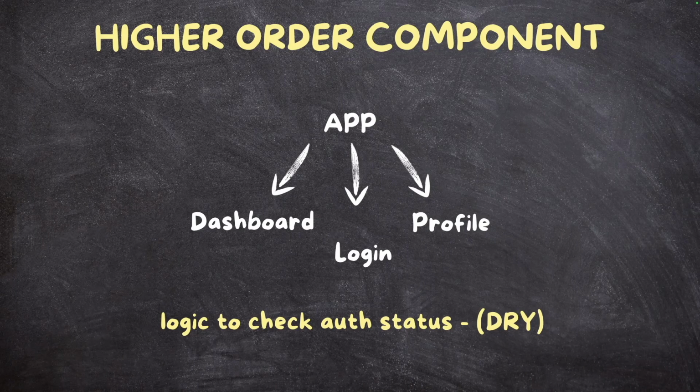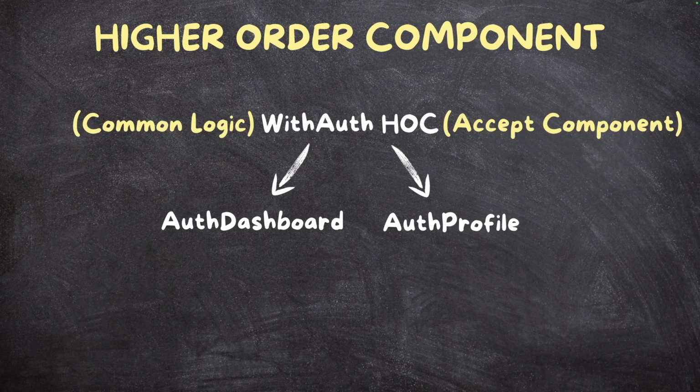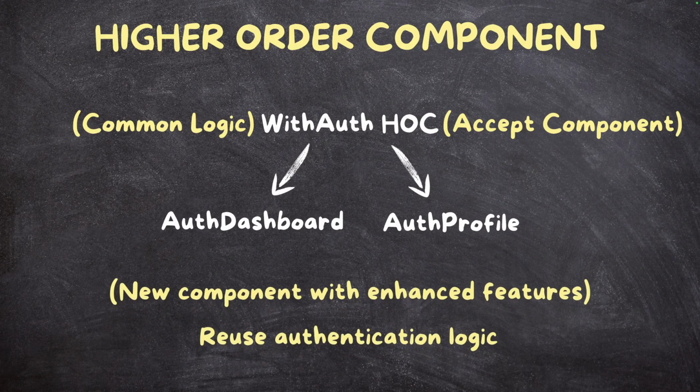So we have to reuse our logic, and for that we are going to create a withAuth HOC, which is a higher order component function that is going to accept components and also contain some common logic. And this withAuth component will return the new component with enhanced features, and we will be reusing our authentication logic.